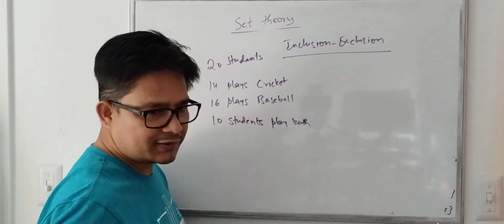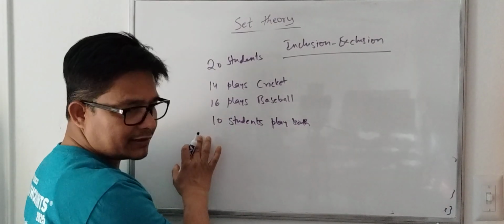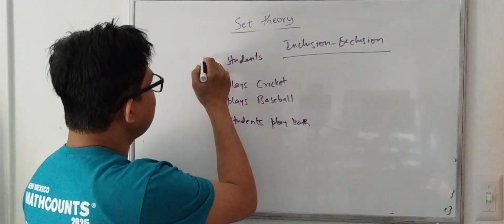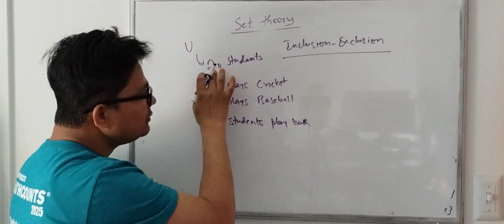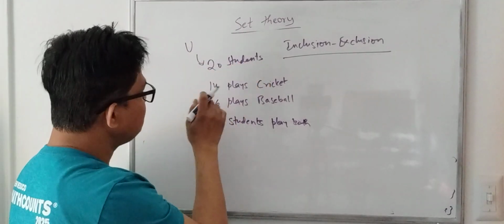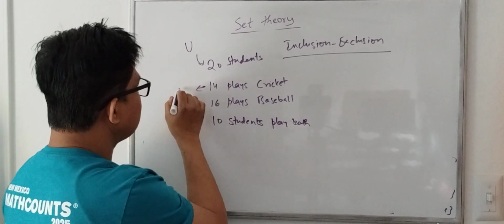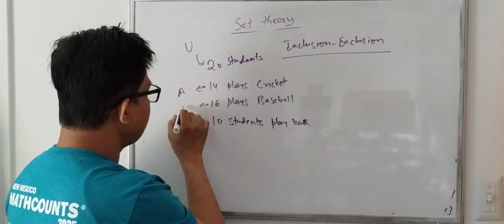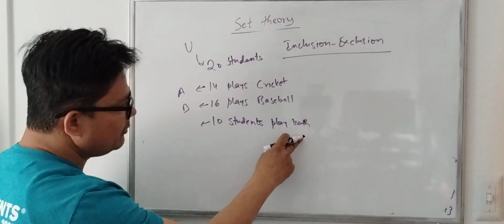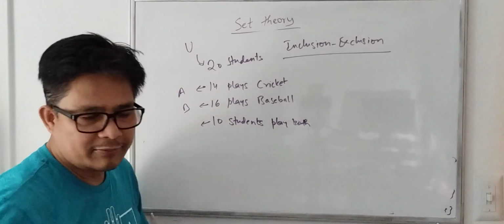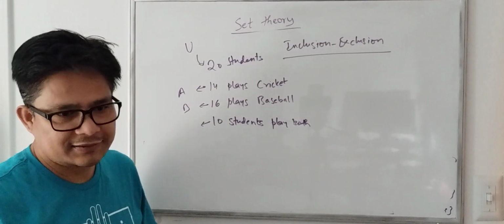So let's first talk about the formula. This is an example I gave you. So this is your universal set, okay? Because all the students in the class, universal set, and this is, let's call it A and call it B, and this is they play both. So when they play both, what symbol should I use?